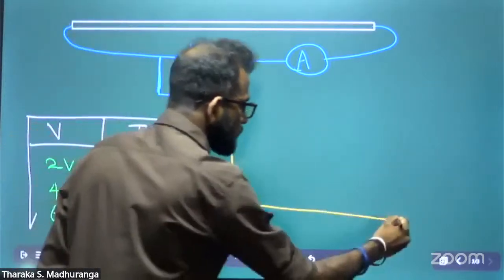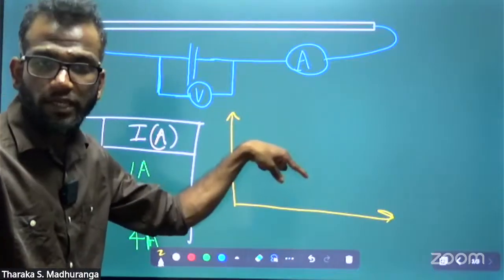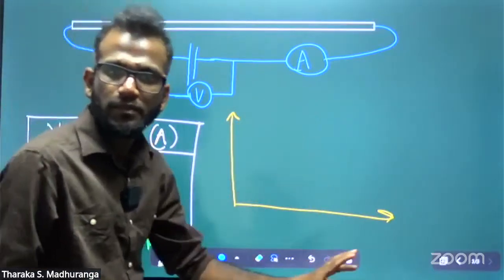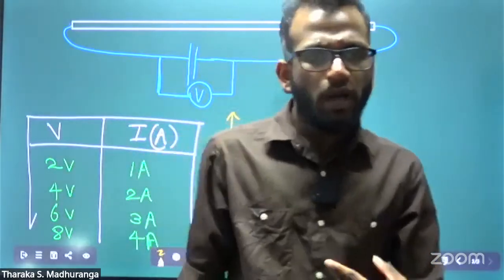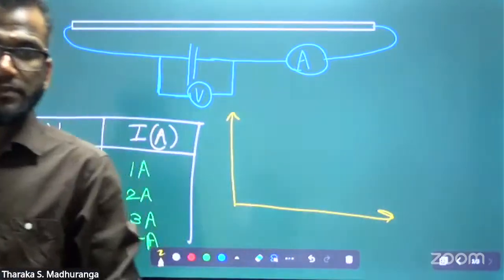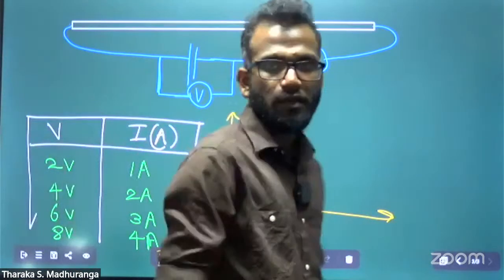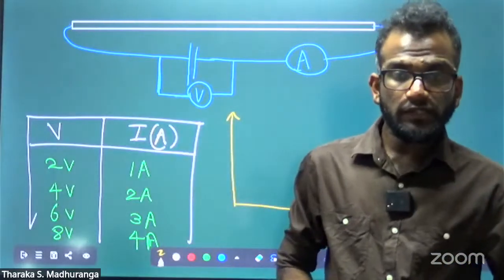Now you should be careful this time. In this type of experiment, what are we changing, voltage or current? Tell me, the variable factor, the independent factor.